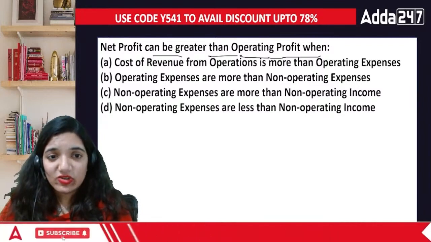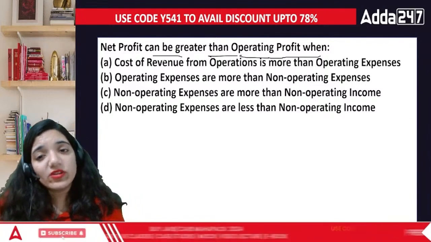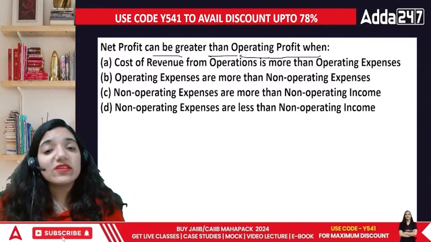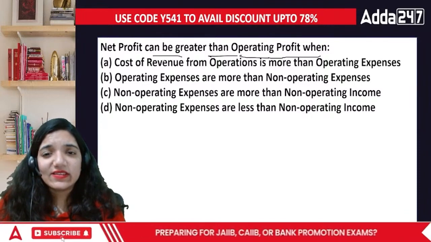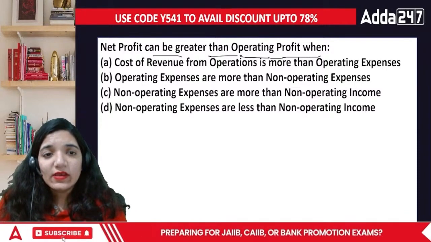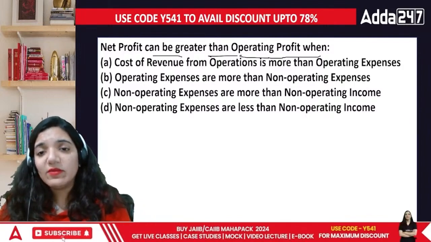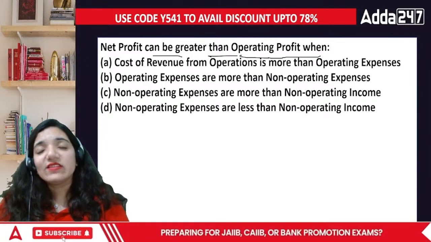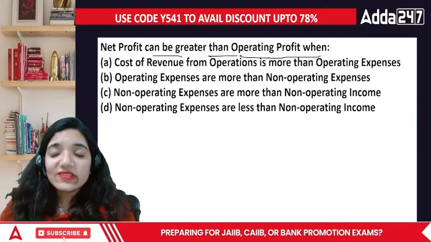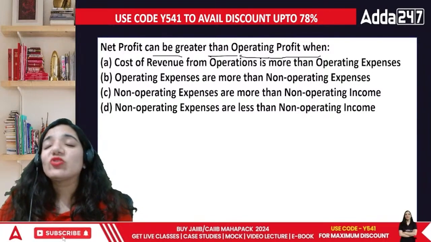Then what would be the answer? Cost of revenue from operations is more than operating expenses. Operating expenses are more than non-operating. Non-operating expenses are more than non-operating income, and non-operating expenses are less than this. Okay, operating profit can be more because of the non-operating expenses, the ones which are not related to the business. That means it is not related to the business.